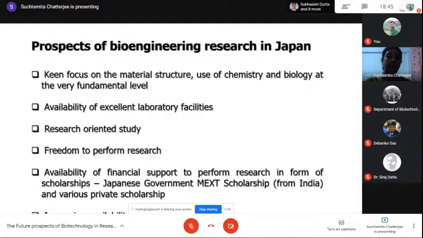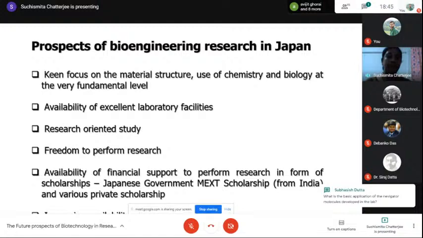And for that, every lab has excellent laboratory facilities for this kind of research. Not only the central facility, each and every lab has these facilities, and it's a very good opportunity to continue bioengineering research in Japan.